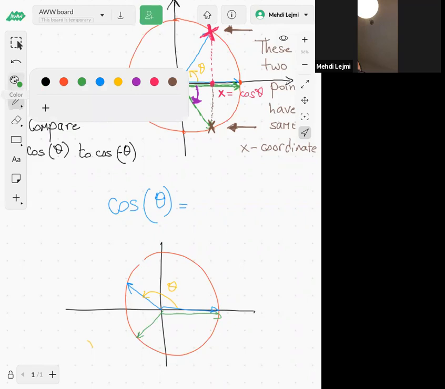It seems like it's the same angle, but they have different rotations. This one here is clockwise, and the yellow one is counterclockwise. So this one here is minus theta. But then the x coordinate here and the x coordinate of this point are the same. So these 2 angles have the same cosine.